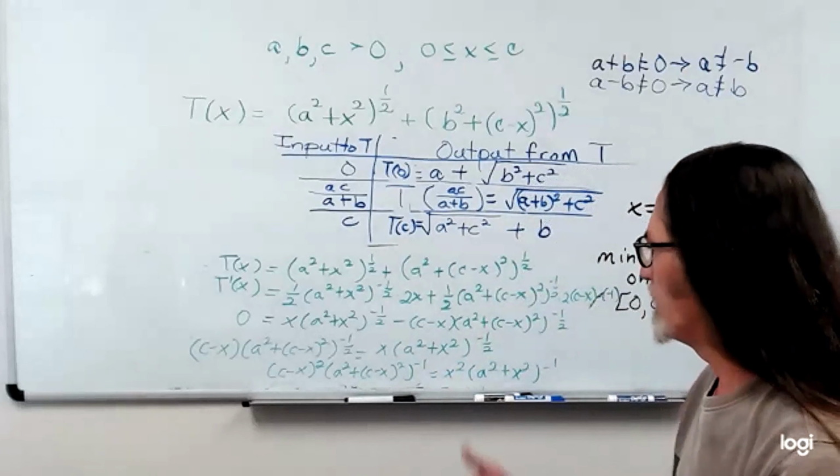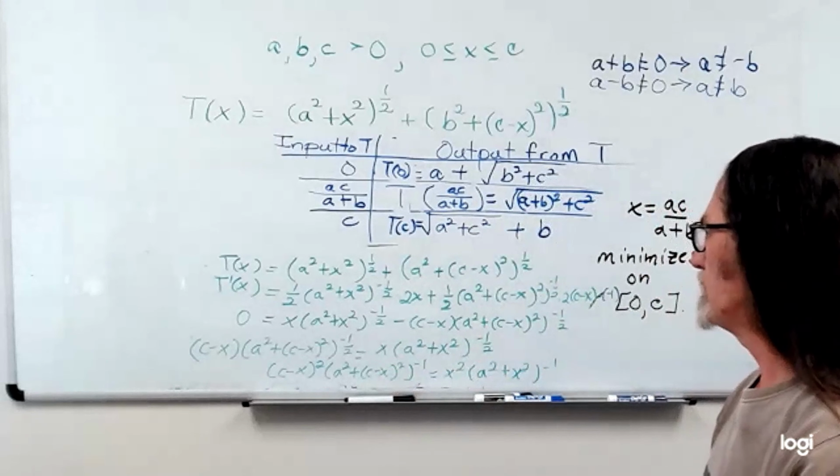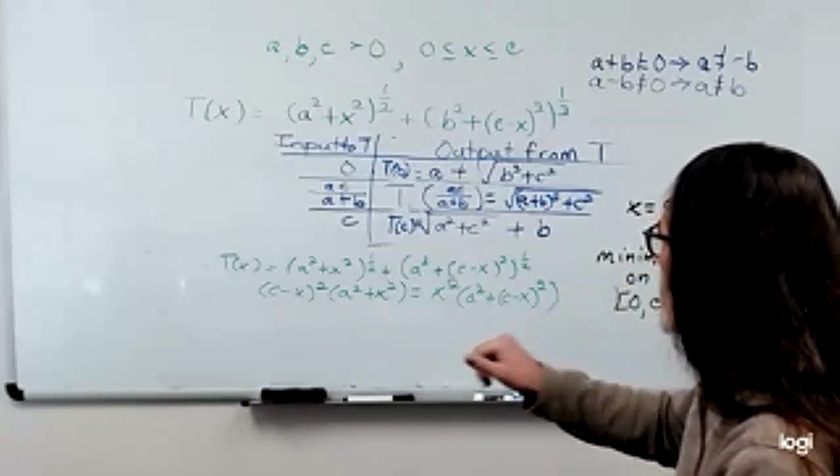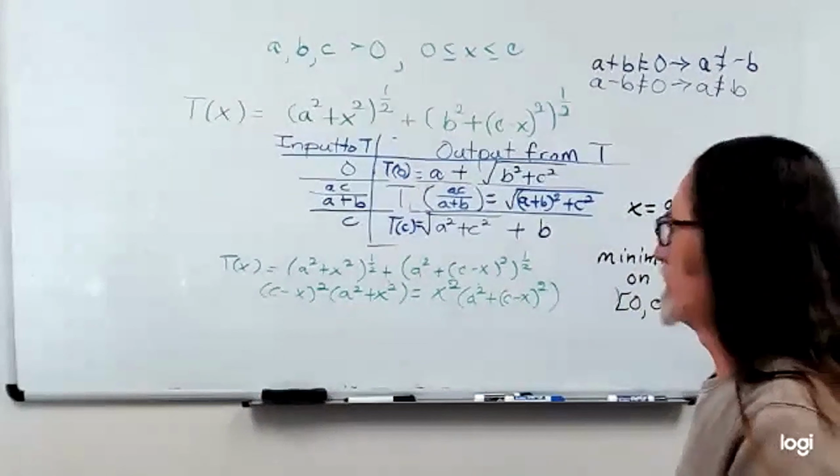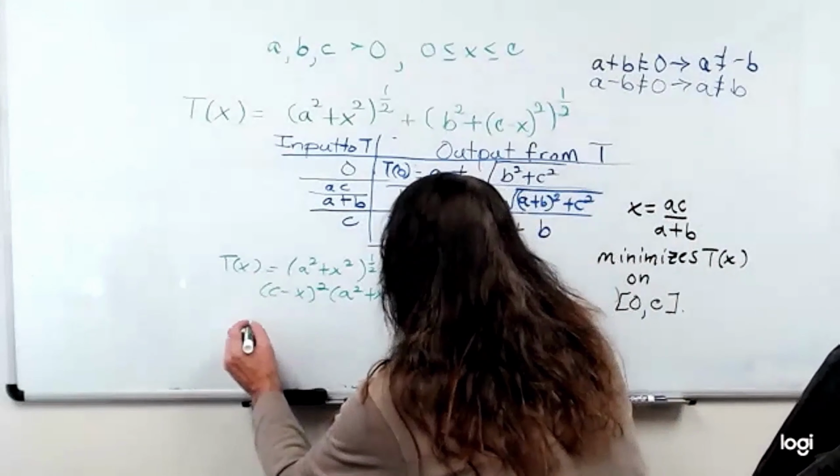Multiply both sides by something so that we don't see negative powers. Without expanding the c minus x quantity squared parts, let's just distribute it over here.